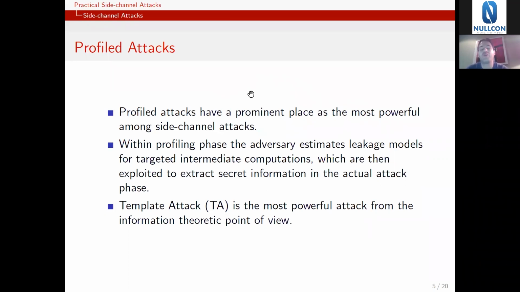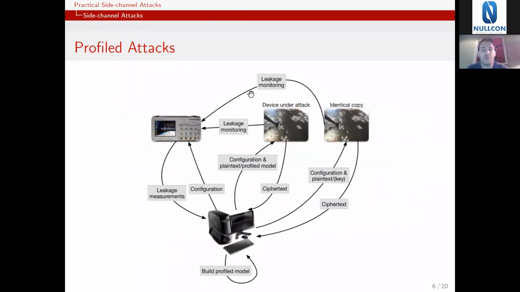We have two phases. We have a profiling phase where the attacker estimates the leakage model for computation, and then he tries to exploit that information to extract the key in the actual attack. From the information theoretic point of view, template attack is the most powerful attack we know. But there are many ways we can do the attack.